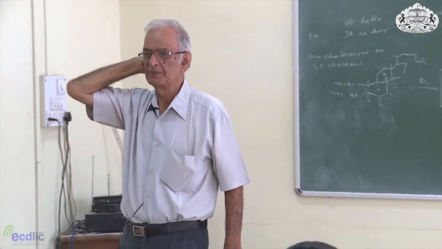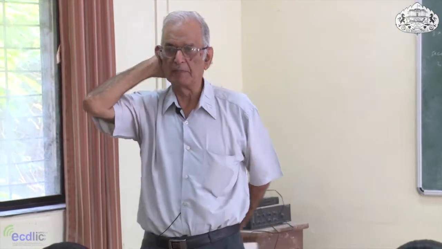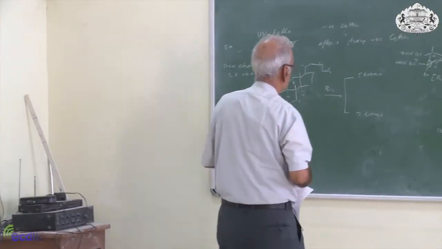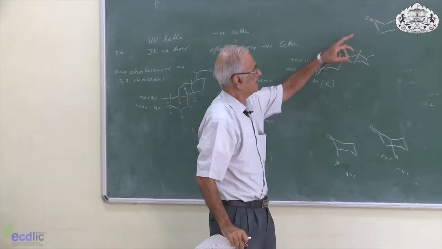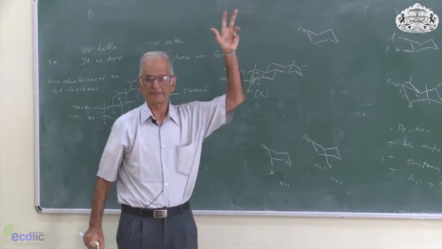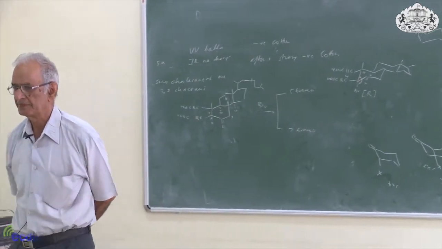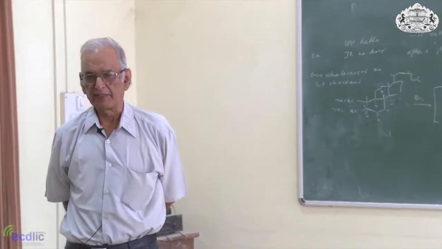So, now comes the problem. When I take this ketone here, where should I write the bromine? Should I write it on the upper surface or on the lower surface?